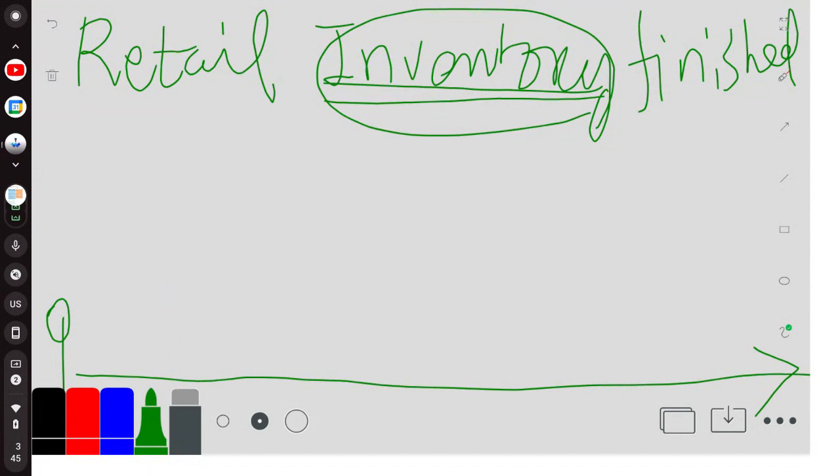Now, think about it. The basic operating cycle for any business is the quarter, right? You understand? It's not the month, but the quarter.